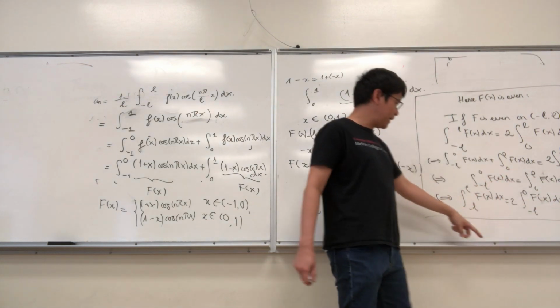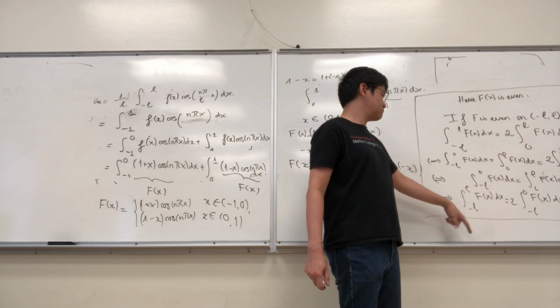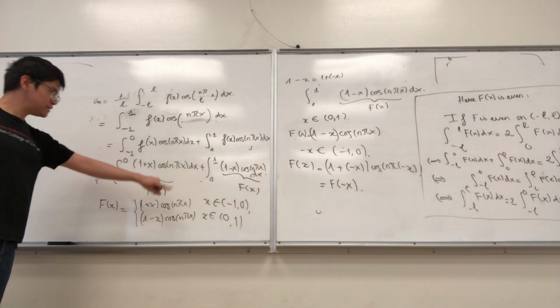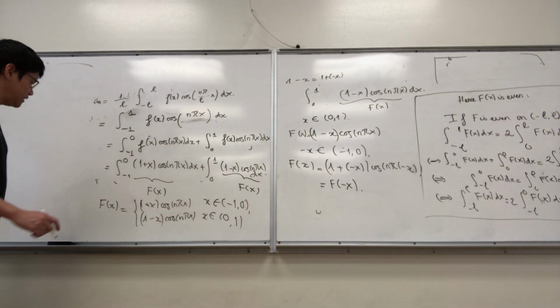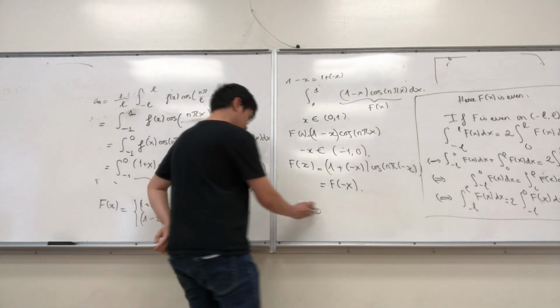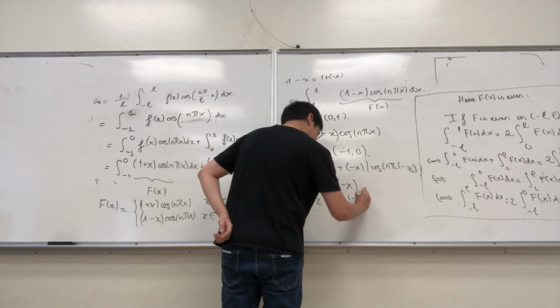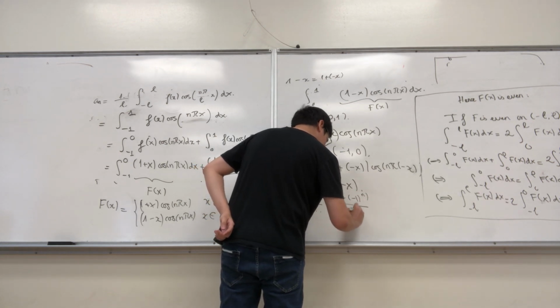So you can compute either one of them and multiply by 2, right? So here, finally, I'm going to have a_n will be 2 times (1 minus (-1)^n) over n pi squared.